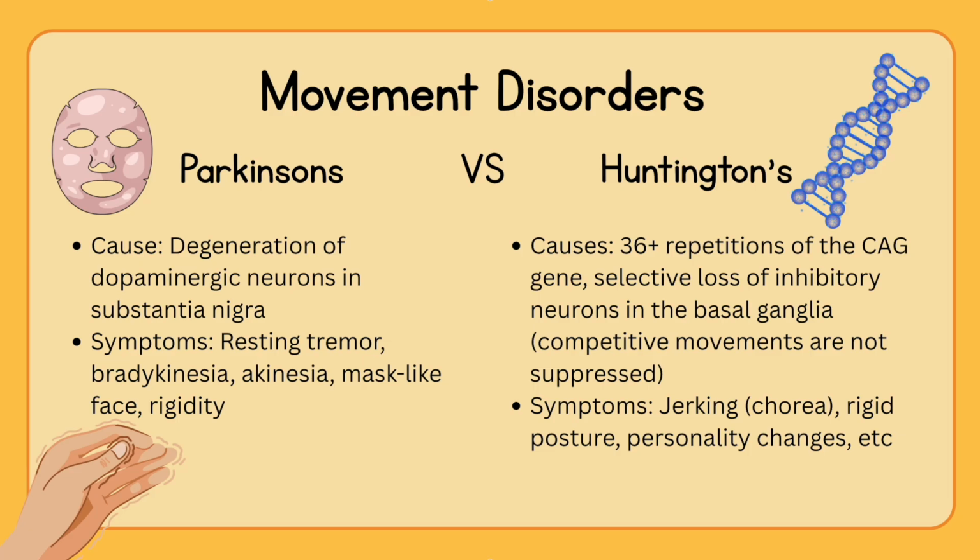Although there are many more like ALS, there's also cerebellar ataxia, which comes from cerebellar damage. There's Tourette's syndrome. There is myasthenia gravis, which is an autoimmune condition that targets acetylcholine receptors. There are a lot more movement disorders out there that may be tested in BrainBee, but I wanted to focus on these two for this video.